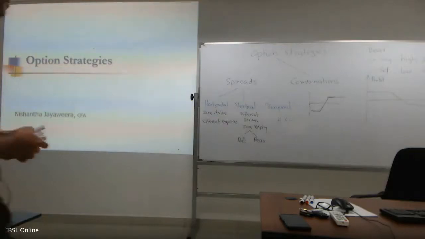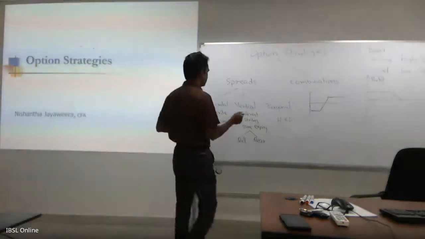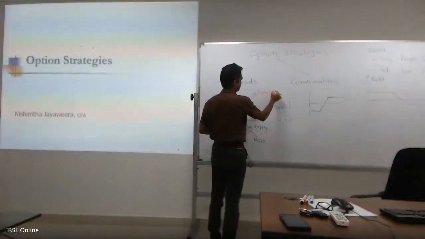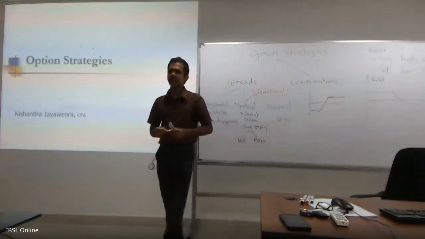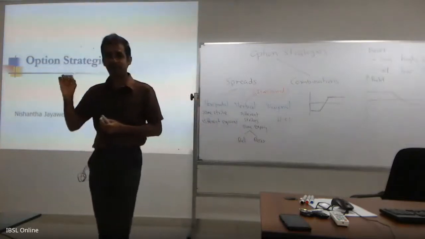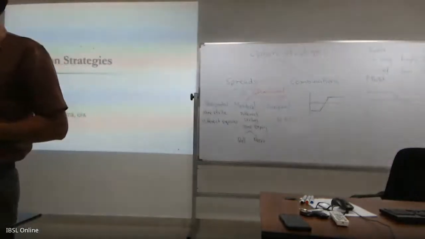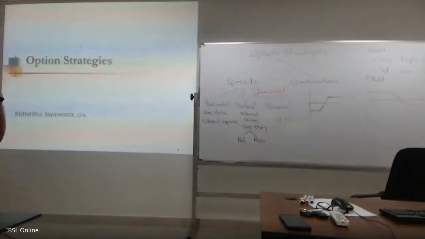In vertical spreads, we have the directional view. We think about the direction of the market of the underlying asset, whether price will increase or price will decrease.